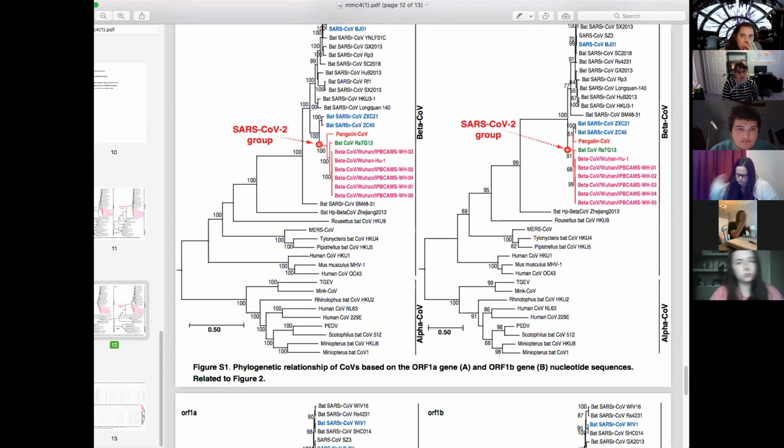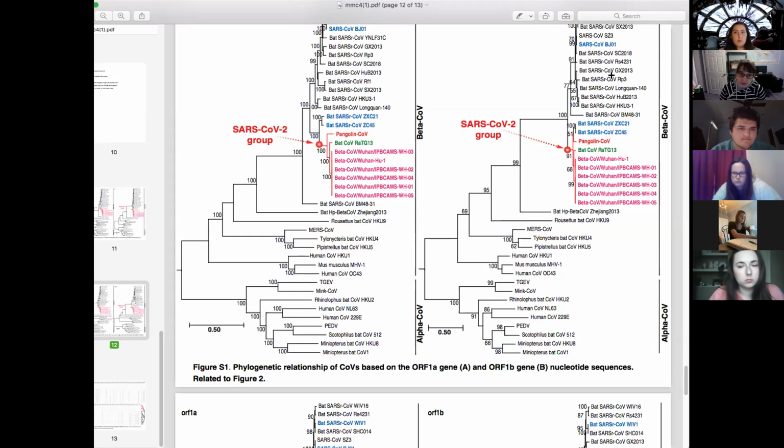Because if all of the rest of the phylogenies for all of the other proteins show that the human is more closely related to the bat, then the relationship of the S protein in pangolins and in humans being similar is likely not because it had the most recent common ancestor, but just because it evolved that way. Okay? So I think Isabel, it's a really good explanation from the data we're given.